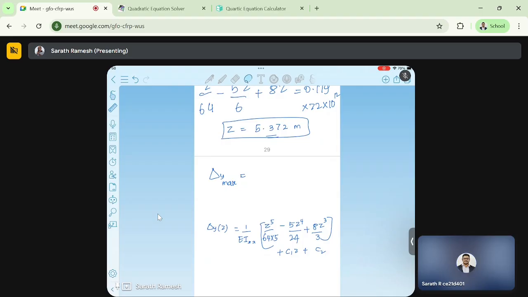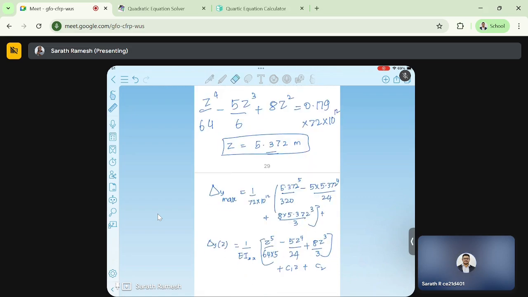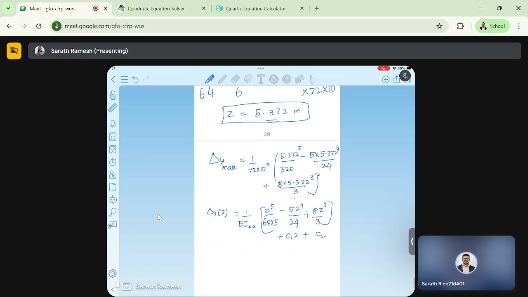I'm just keeping it here so that no need to scroll each and every time. 72 into 10 power 12 times 5.372 power 5 divided by 320 minus 5 into 5.372 power 4 by 24 plus 8 into 5.372 power 3 by 3 plus C1 Z. C1 was minus 0.179, minus 0.179 into 5.372.